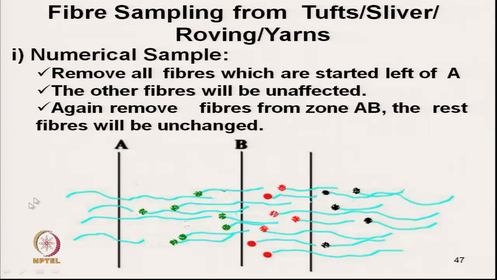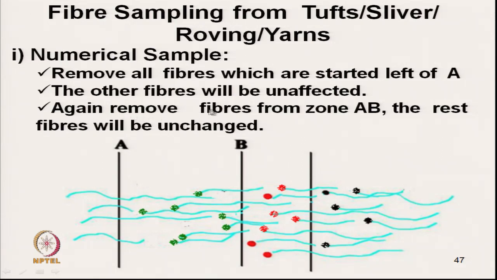This removal does not affect the fibers which have their end point between A and B. So, if we remove all fibers which start left of point A, the other fibers will be totally unaffected.